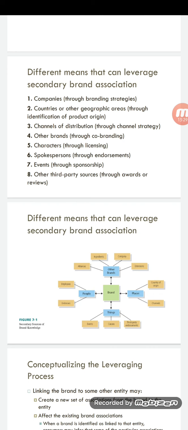Amitabh Bachchan was the brand ambassador for Just Dial, and you could see many such pictures of him being posted. So third party sources are also a major way in which you can create secondary associations.